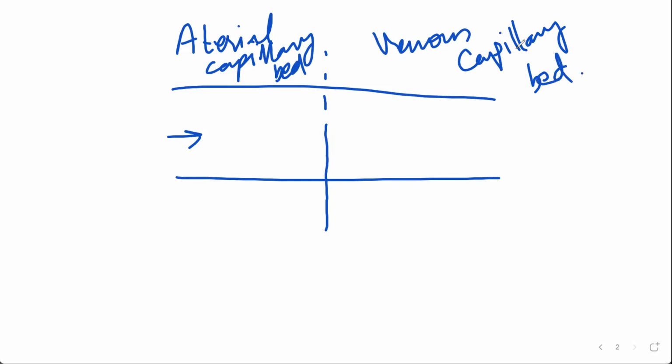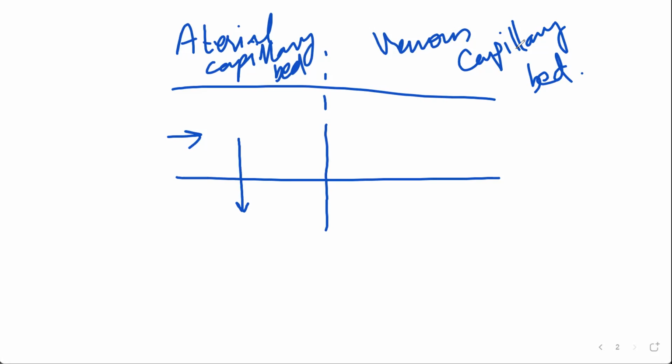So the arterial capillary bed must contain useful things like oxygen, water, glucose, amino acids, and the venous capillary bed must contain the waste products, right? But the question arises how the blood plasma leaks out from the capillaries.